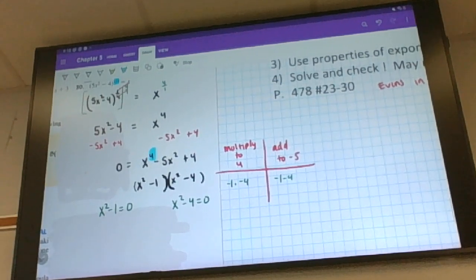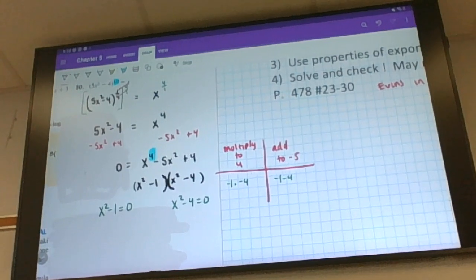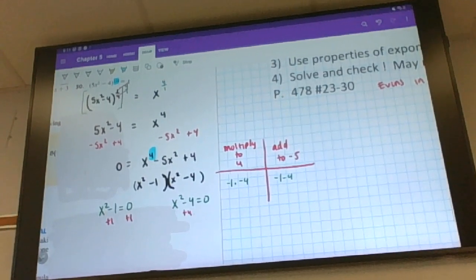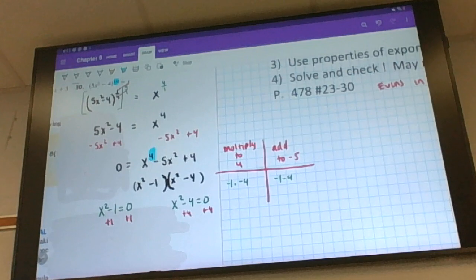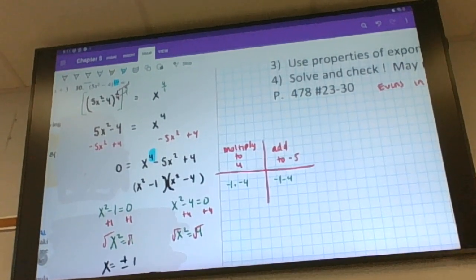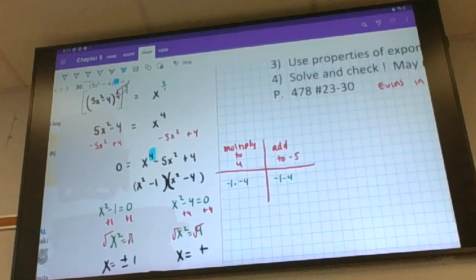Okay, that makes more sense. And then I'm going to add 1, add 4. X squared equals 1, x squared equals 4. Square root, square root. Yay. X is plus and minus 1. X is plus and minus 2.